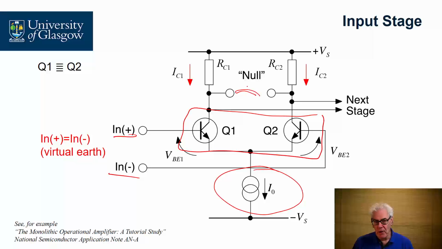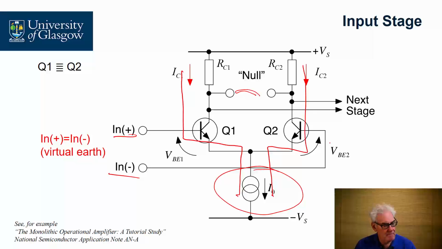If the two input voltages are identical, then the conditions under which Q1 and Q2 are operating must also be identical. So we must have half current going up the left transistor and half current going up the right transistor.